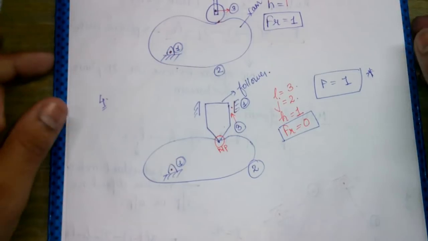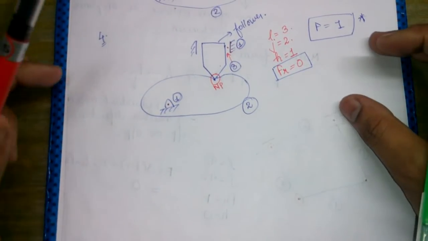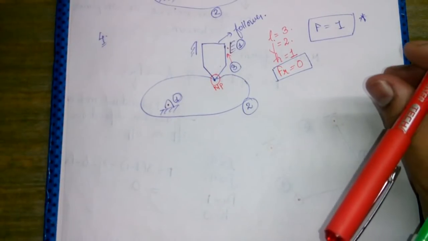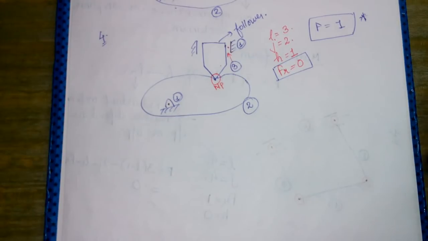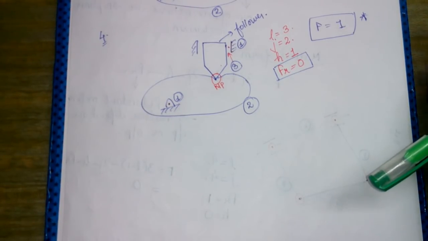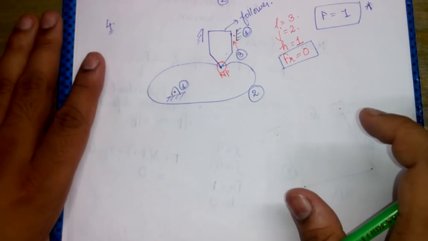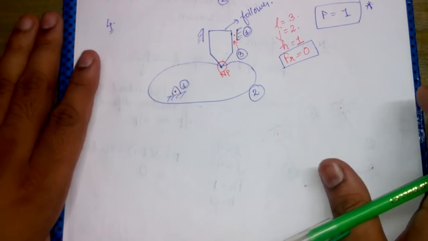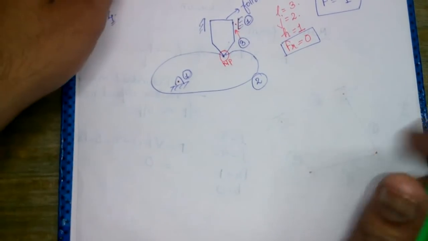So in the examination, if you are not sure which answer to mark, you can take a chance and mark option 1, because in almost 99% of cases cam and follower mechanisms have degree of freedom equal to 1. Now, some important points about the degree of freedom.